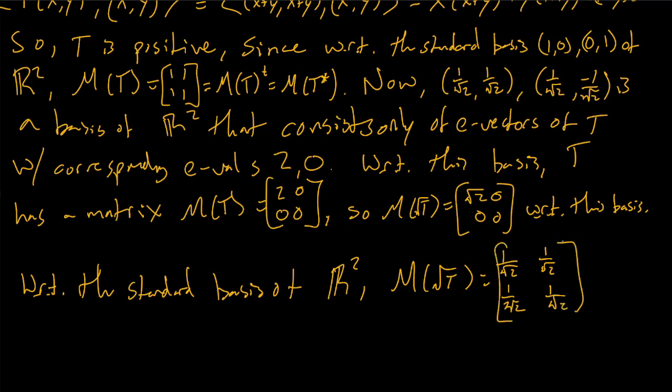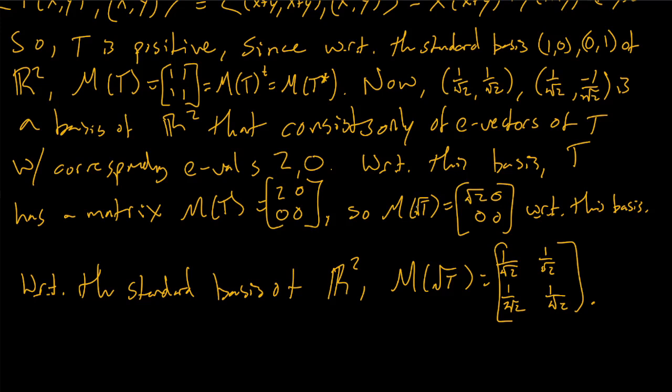If you go across and down, multiplying, you'll get 1/2 plus 1/2 in each entry, and that will give you the matrix of T. Okay, cool. So nothing too crazy at all, yeah? Hopefully at least, right?